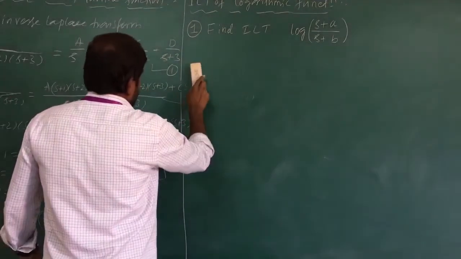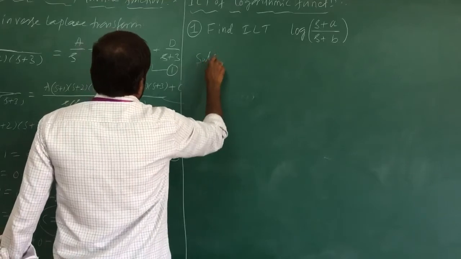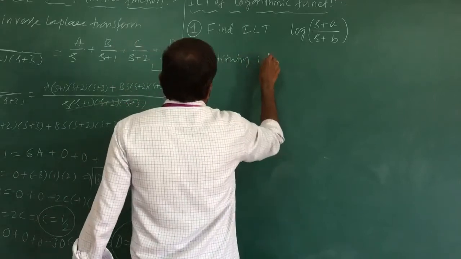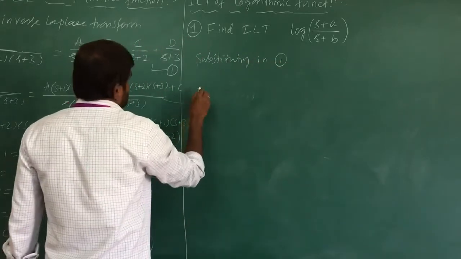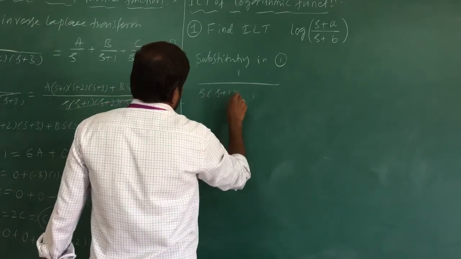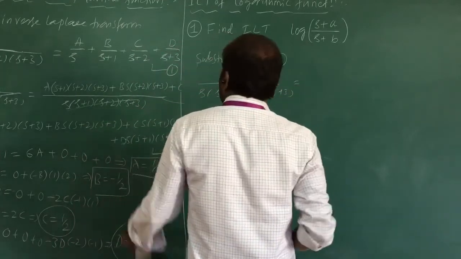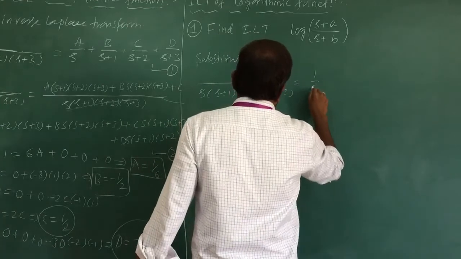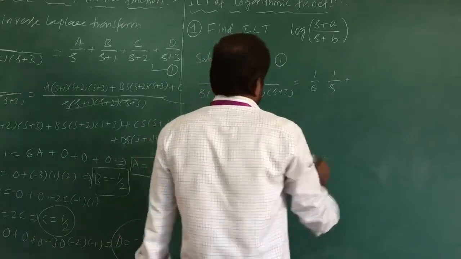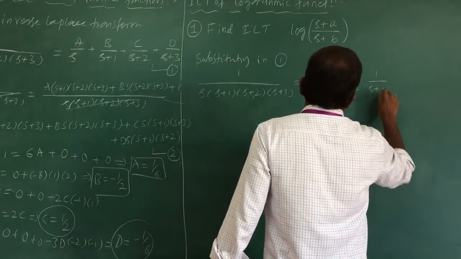Now substituting in 1: 1 divided by s into s plus 1, s plus 2, s plus 3 equals a, which is 1 by 6, into 1 by s, b is minus 1 by 2, minus 1 by 2 into 1 by s plus 1, right?